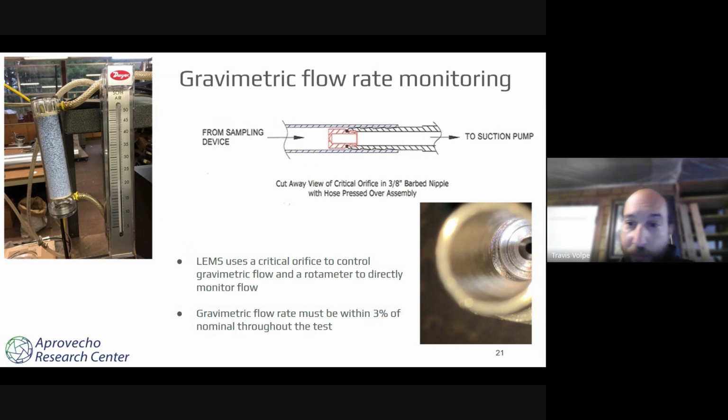In the case of ISO 19867, it's specified that the gravimetric flow rate must be within 3% of nominal throughout the entire test. So we are monitoring with the rotometer throughout, and if we notice that it drops, then the test phase will need to be thrown out, and the system needs to be addressed.